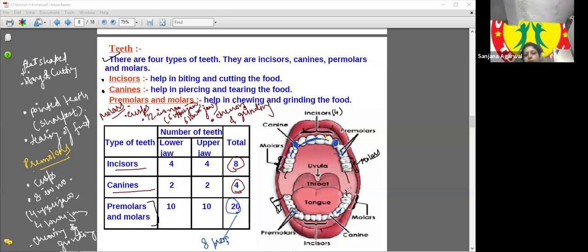I hope everybody is going. Could you please let me know once it is done?